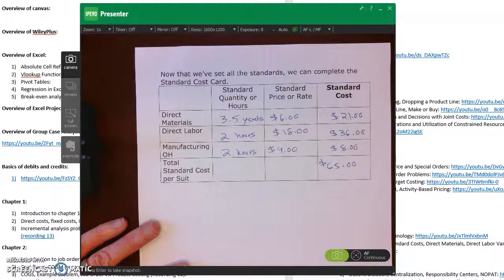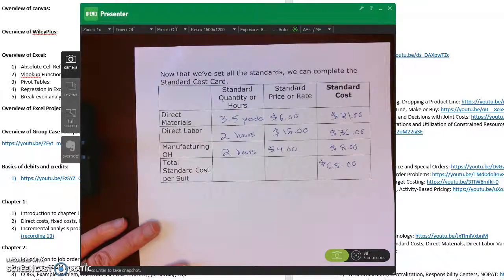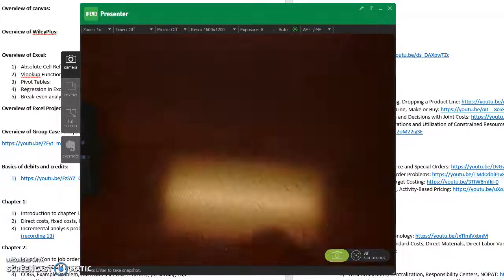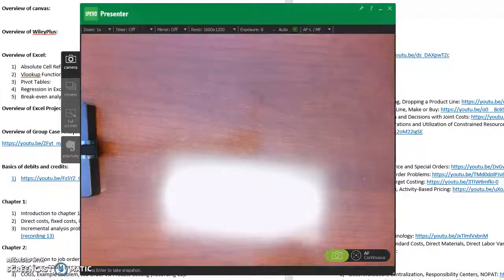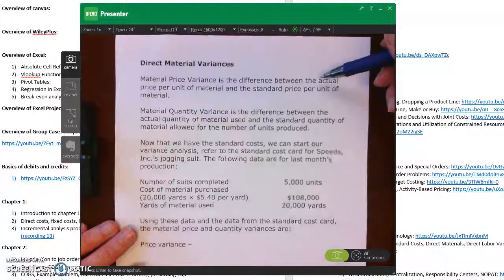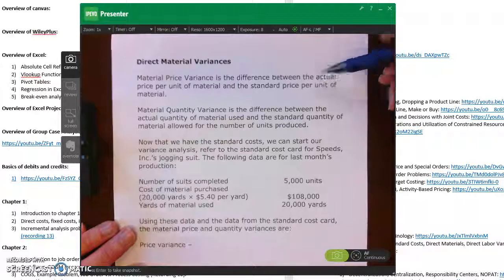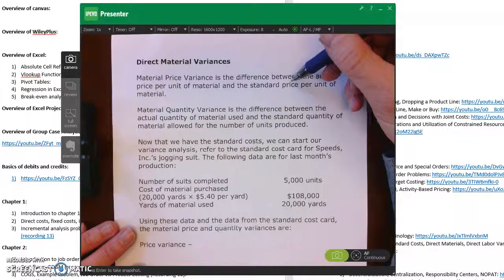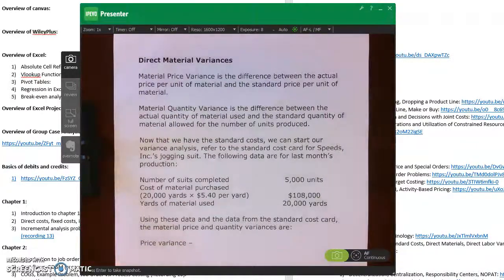Now what we're going to do is go through and calculate direct materials and direct labor variances. Okay? Look over here. The materials price variance is going to be the difference between the actual price per unit of material and then the standard price per unit of that material. So I'm going to look back and get this page out.